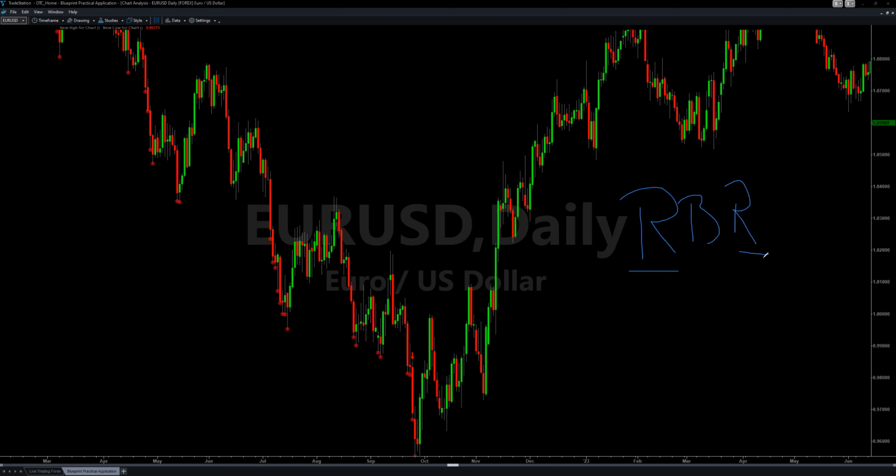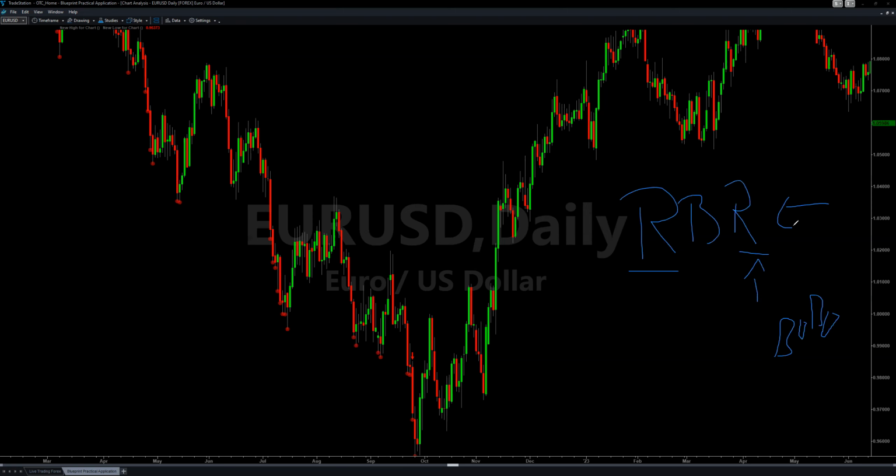Okay, that means we are looking for rallies. A departure, a rally means a rally, not just green candles. It has to be a green candle. And sometimes you see a departure that is a little bit green, a little bit red back, a little bit green, a little bit back. That's also not a rally, okay?